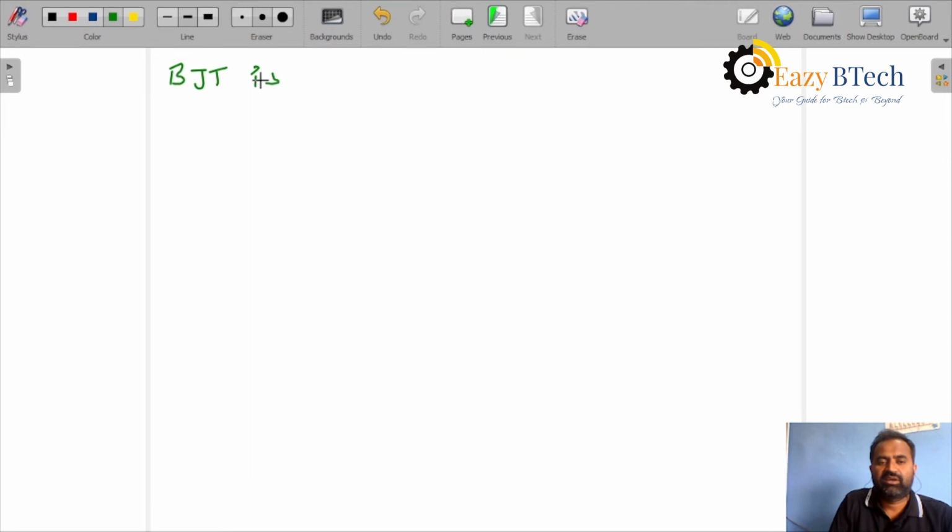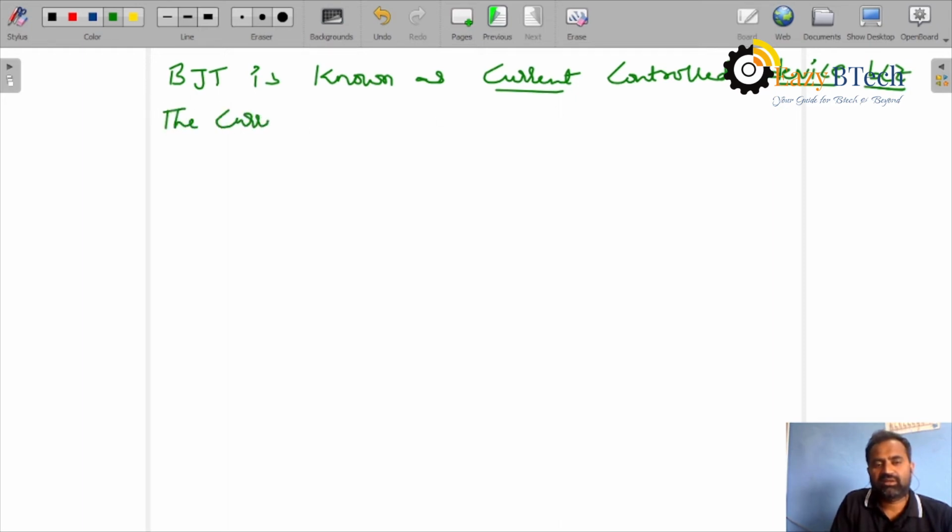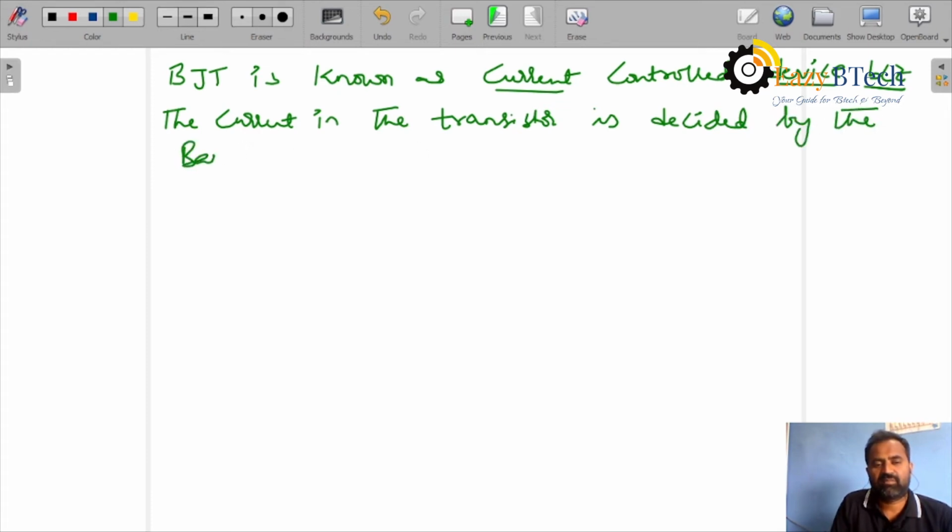BJT is known as a current control device because the current in the transistor is decided by the base current.